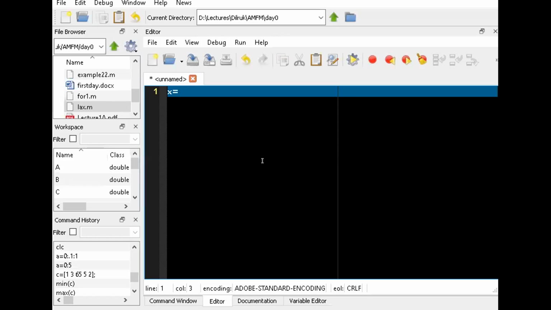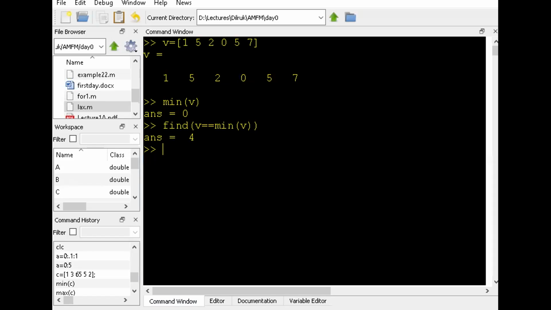I split that interval into small subintervals. You know these things, right? If you need a smooth curve, you have to split it into a lot of subintervals, right? Let's do that using linspace.